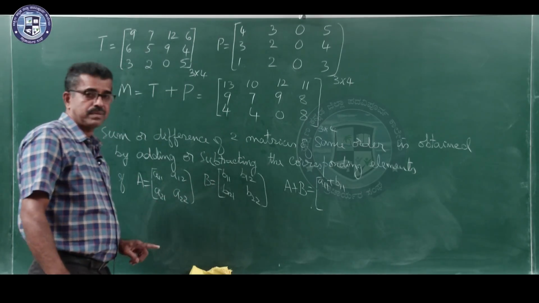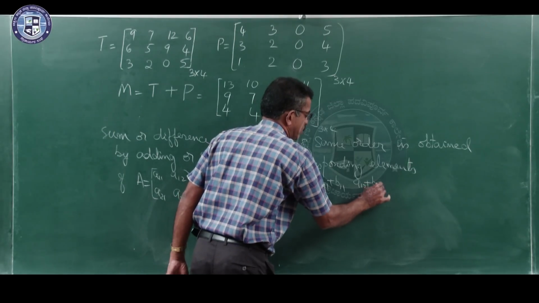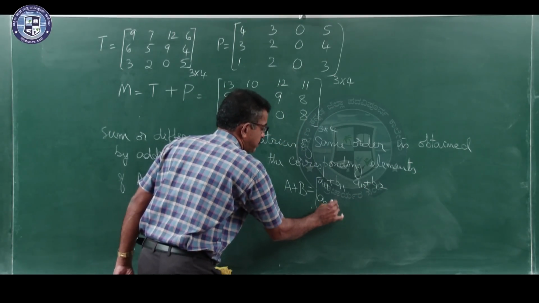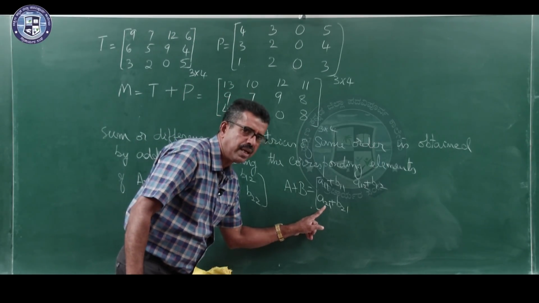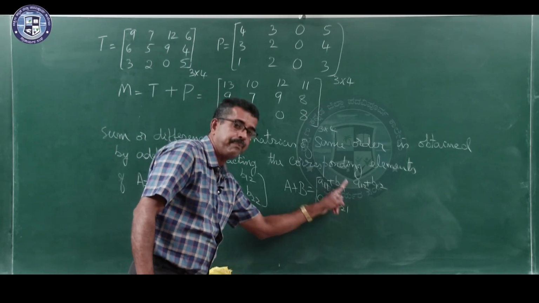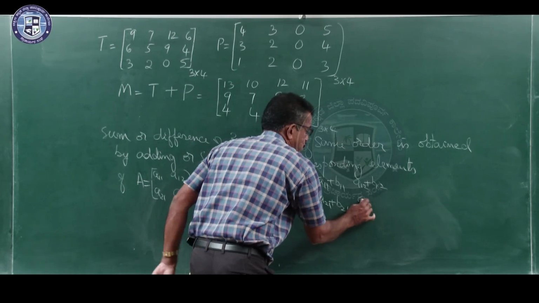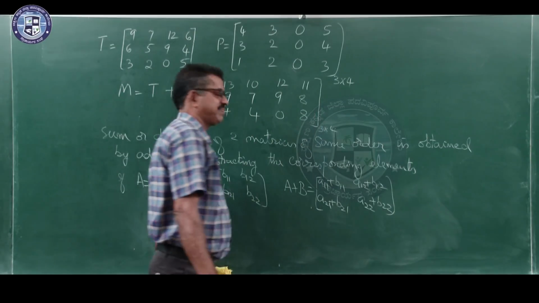Add corresponding elements. Then similarly, the next element will be A12 plus B12, A21 plus B21. I think you are very familiar with that notation, like second row, first column. The position will be the same. Next, A22 plus B22.